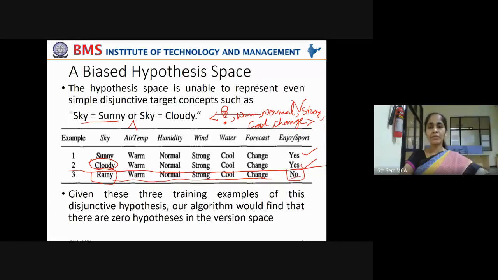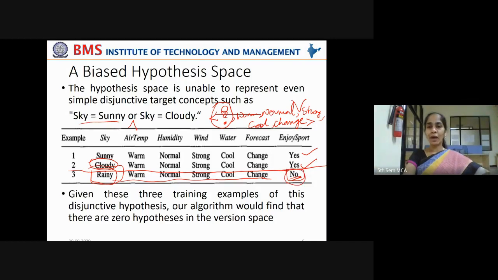Yes. It will give us S. Why? Because first, any value is allowed, since it is a question mark in the hypothesis. Rest all values are the same. That is why the learner will predict it as S label, but actually it is a no label.